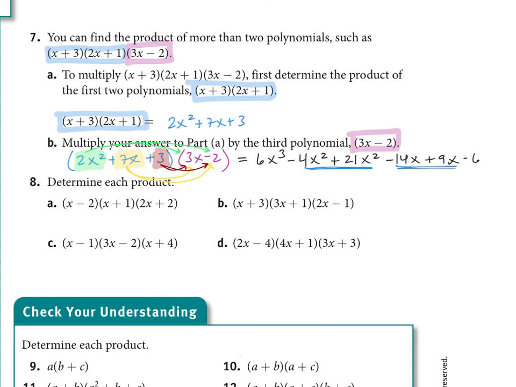So it's a whole lot nicer to find that final simplified polynomial. So here we'll get 6x cubed plus 17x squared minus 5x minus 6. So take a look at that.